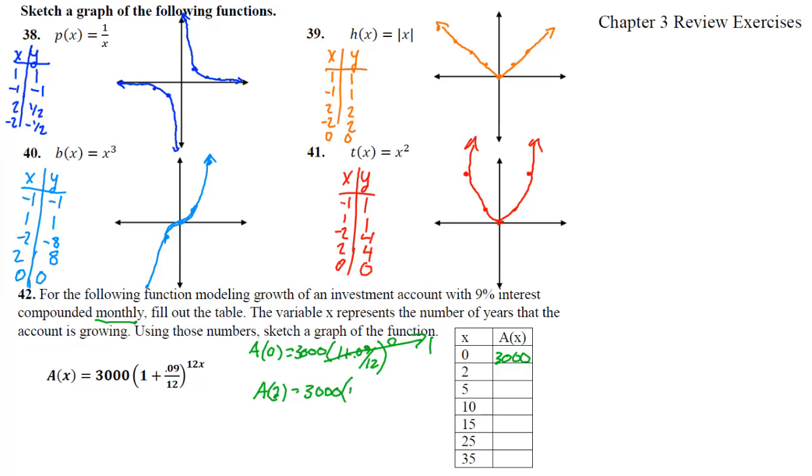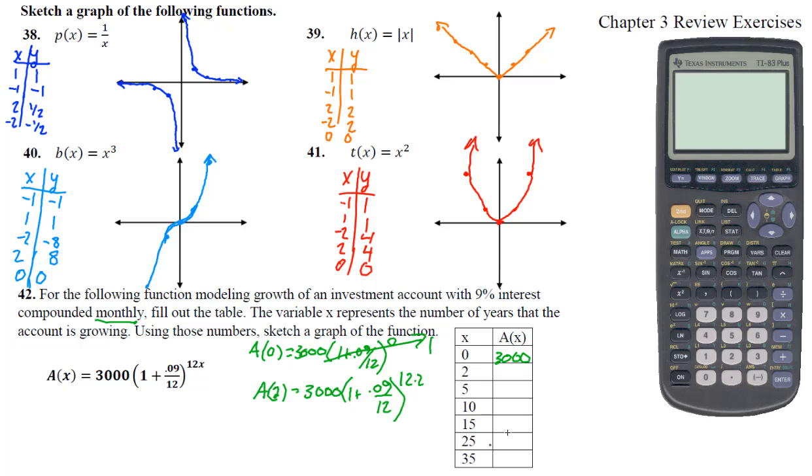3,000 times 1 plus 0.09 over 12, all to the 12 times 2. Let's go ahead and pull up our handy-dandy calculator and punch this guy in. We get 3,000 times parentheses 1 plus 0.09 divided by 12, and that is all to the 12 times 2.